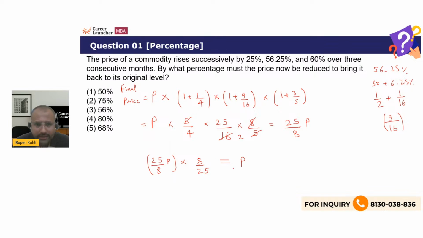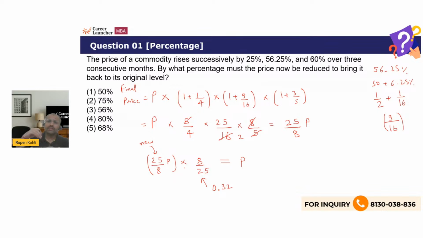right? So this new price has to be multiplied with a factor of 8 by 25, which is nothing but 0.32 in decimal terms. So we have to take 32% of this new price to regain the original value.